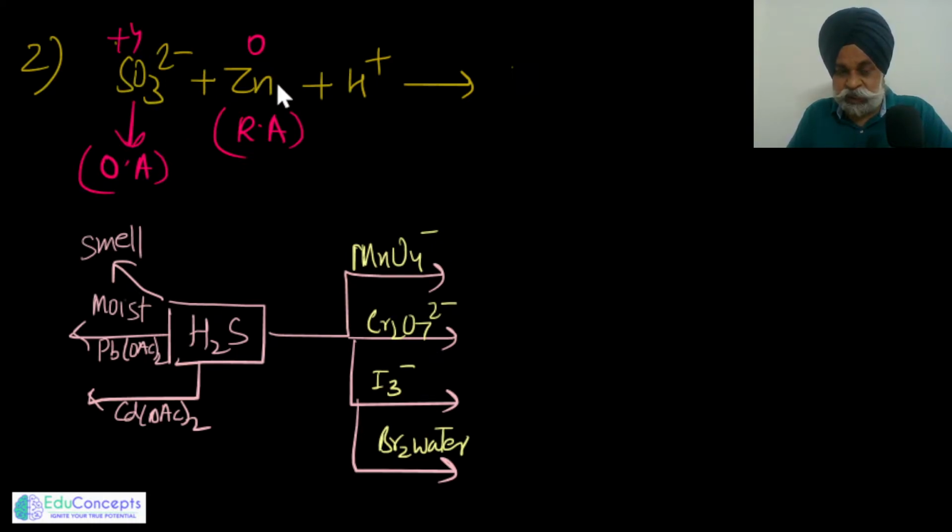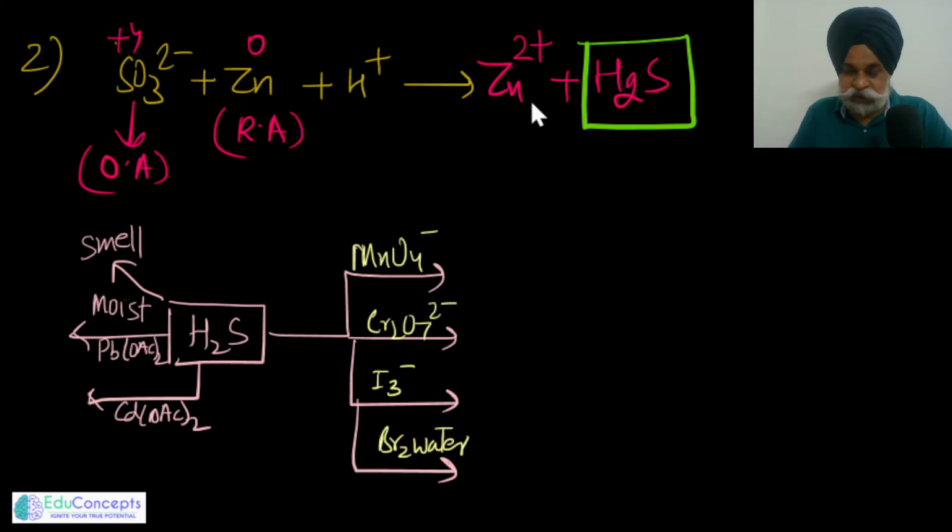So sulfite ion reacts with zinc, zinc changes into Zn2+, and this sulfite, where sulfur is in +4 oxidation state and acting as an oxidizing agent, produces H2S gas. Balancing is not required and not to be addressed here. In particular, if something is asked, you can do the balancing from the redox balancing point of view. So H2S gas is being produced.